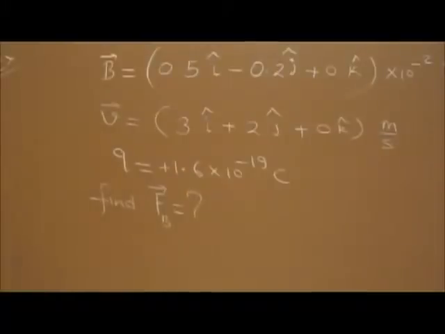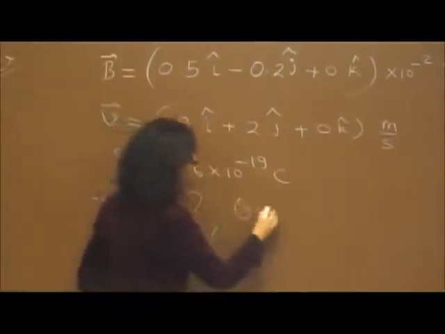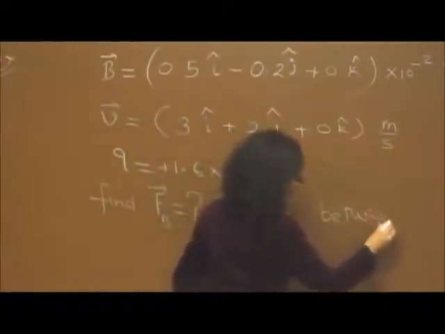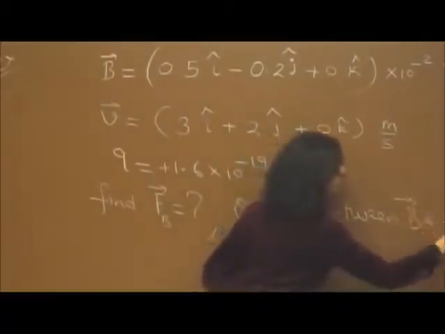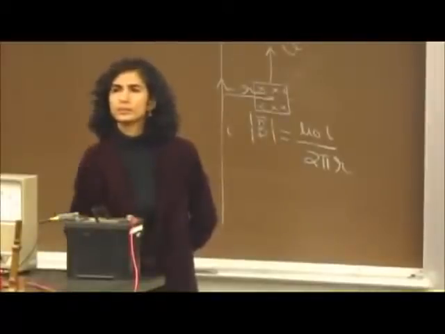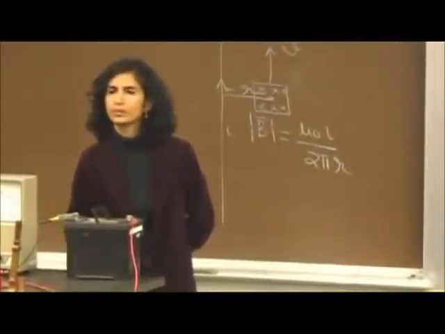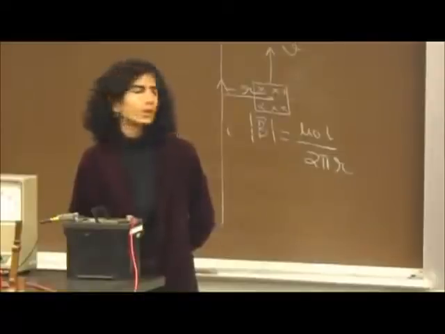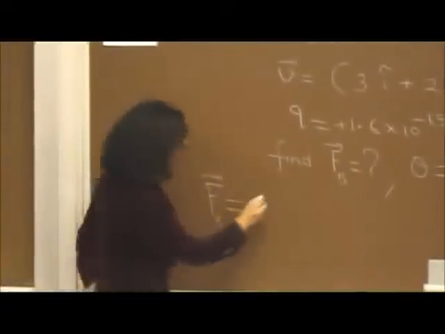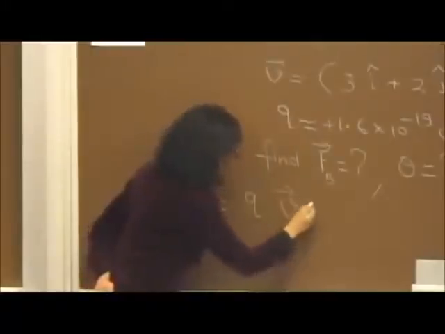Or suppose the question is asking, find the angle between B and V. Do you think we can do these things? Okay, so how should we do this? Go ahead, please. Good. We can make use of the fact that the force on a charged particle in a magnetic field is Q V cross B.